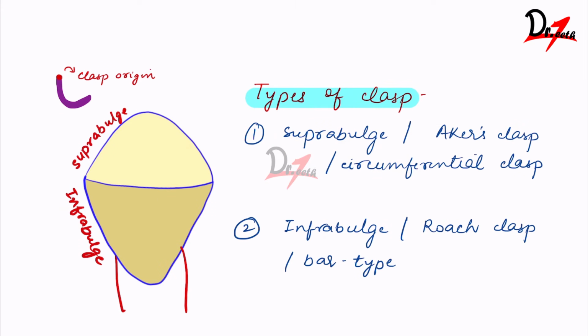We have the suprabulge and the infrabulge. The suprabulge is also known as the Akers clasp after Dr. Paul E. Akers, or the circumferential clasp based on its design. And the second type is the infrabulge, also called the Roach clasp after Dr. F. Ewing Roach, or the bar clasp.